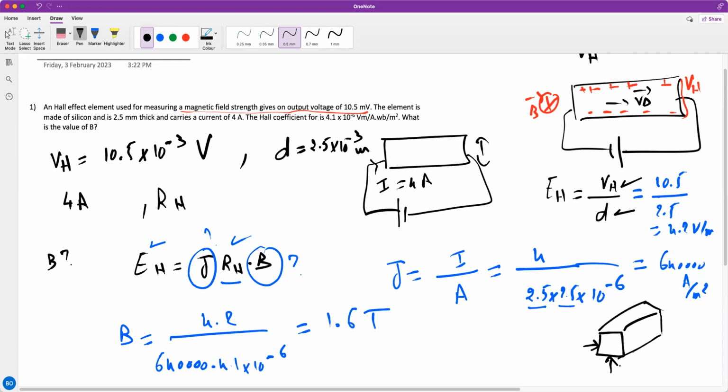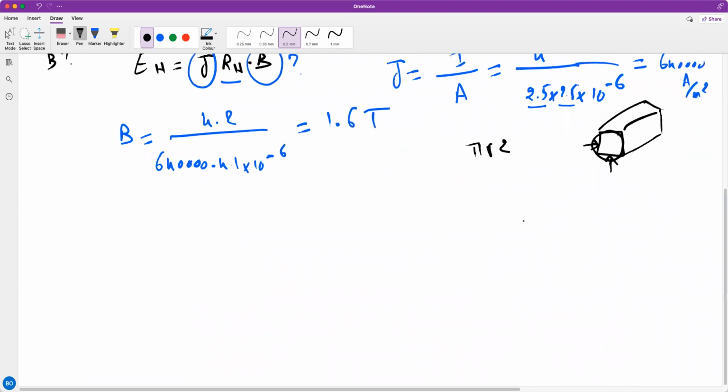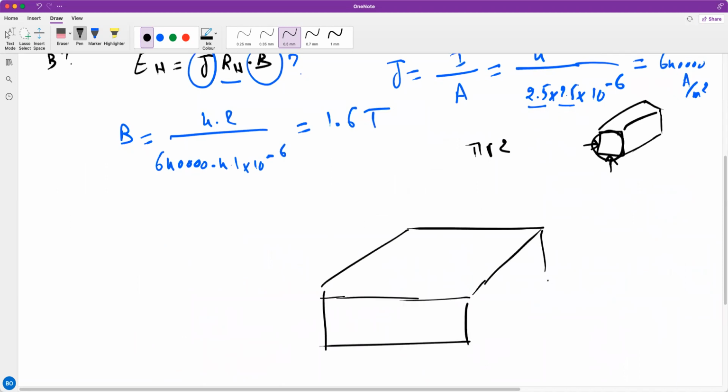As I mentioned, if you consider it a circle and use pi r squared, that's fine, both assumptions are correct, unless I give you otherwise. Like in the sample exam, I gave a rectangle, where the current goes this way, and this is the area.